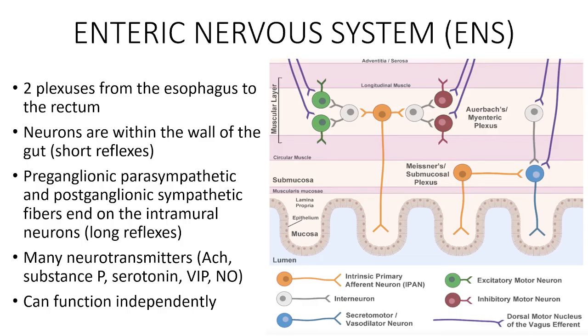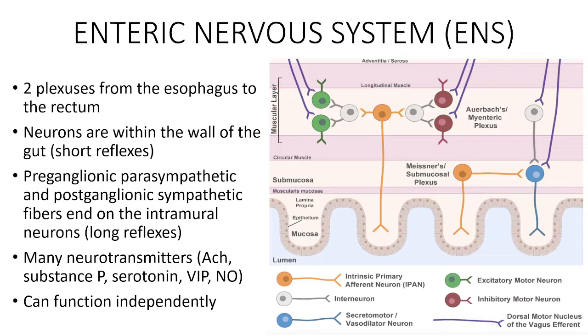Unlike the sympathetic and parasympathetic nervous system or the central nervous system, the enteric nervous system employs a variety of neurotransmitters. Even substances that are not normal neurotransmitters, like gases, for example, nitric oxide, and ATP are used as neurotransmitters by the enteric nervous system.